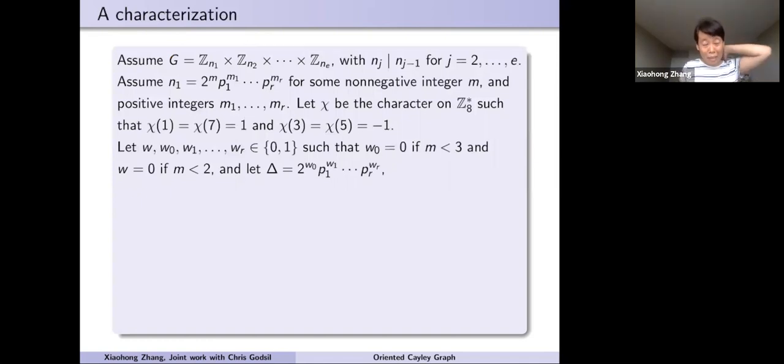So G is an abelian group. It can be written as a direct product of cyclic groups, where we can make sure that each Ni is a divisor of N_{i-1} in the previous one. So the GCD of those is just N1. That gives us our splitting field.